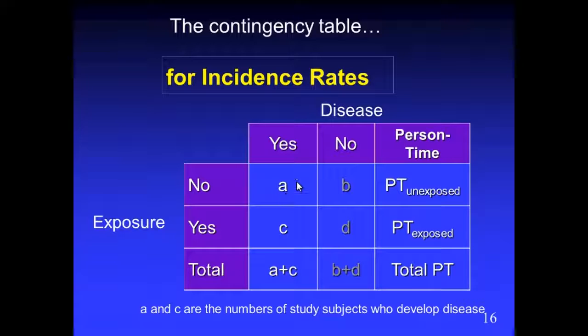So the calculation of incidence, of course, is the number of cases in the unexposed group divided by the person time in the total unexposed group, so both A and B. Similarly, in the exposed group, both C and D are contributing to the person time, but only C, the number of cases of the disease in the exposed group, actually contributes to the incidence calculation.